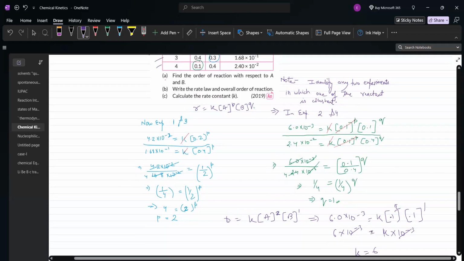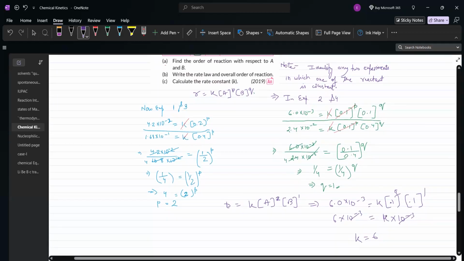K value is 6, right? For you, only calculation was there.